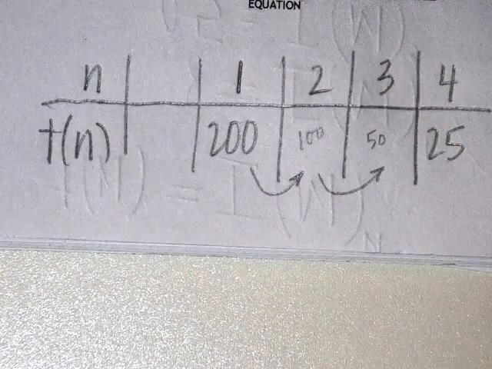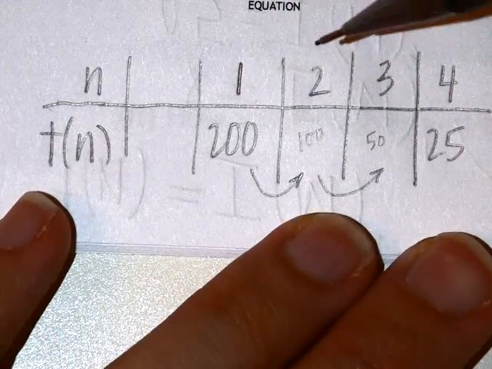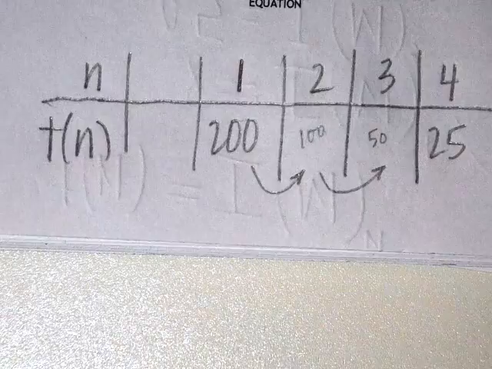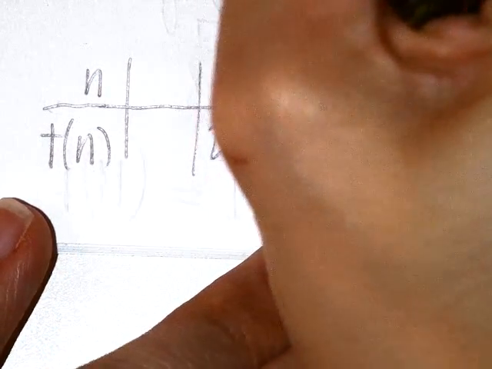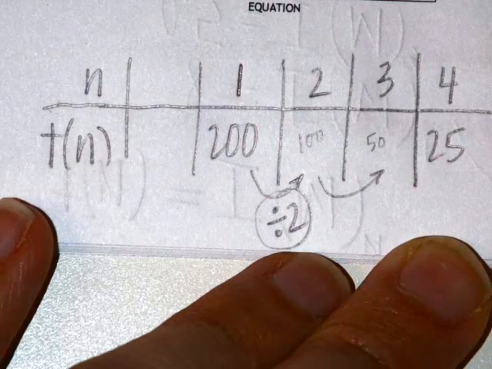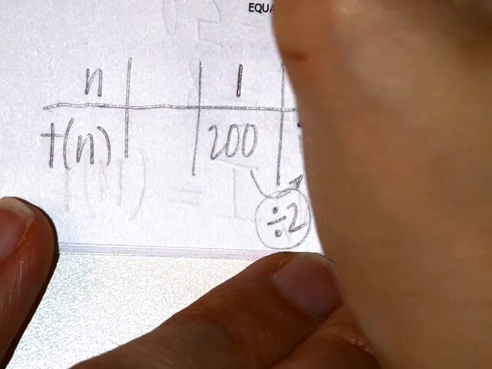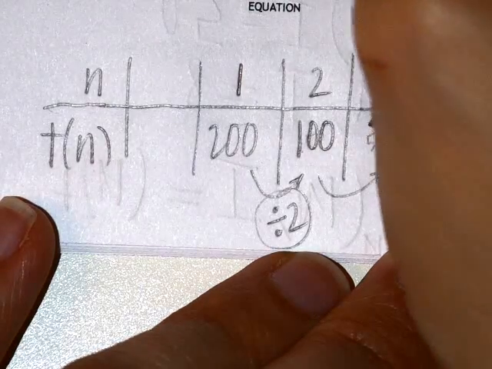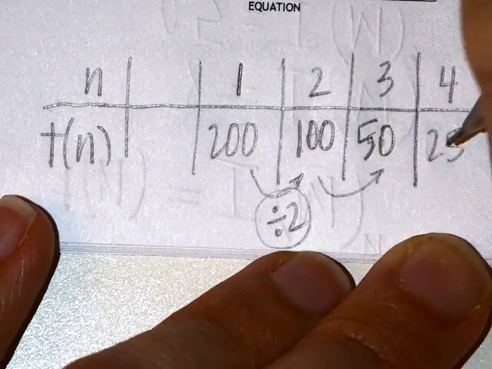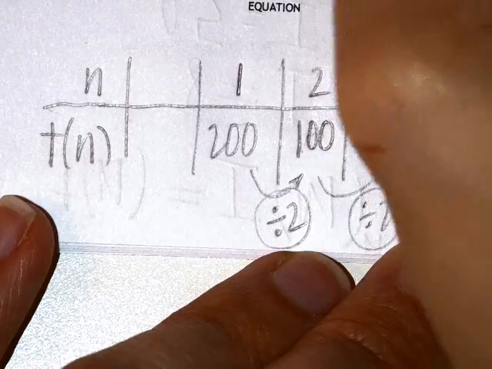So that's why it helps to think in extreme terms. Try something really big, try something really small, see if one of those works. Turns out dividing by something really small ended up working out really well. Dividing by 2 looks like it worked. Because again, 200 divided by 2 is 100. 100 divided by 2 was 50. And 50 divided by 2 was 25.